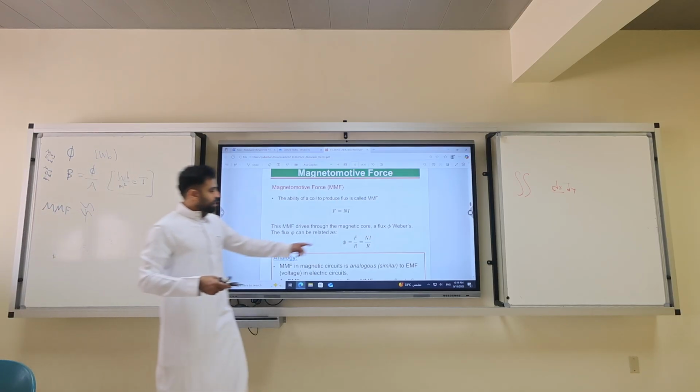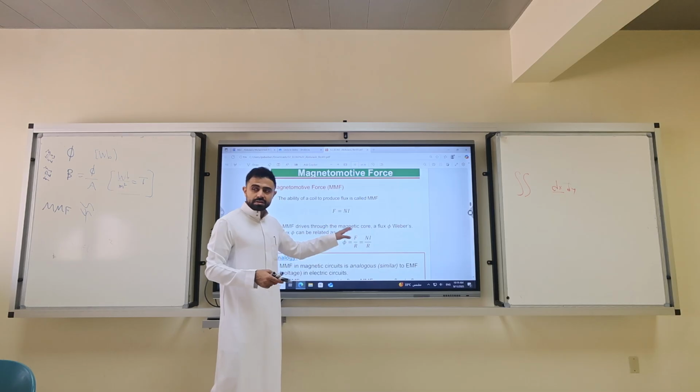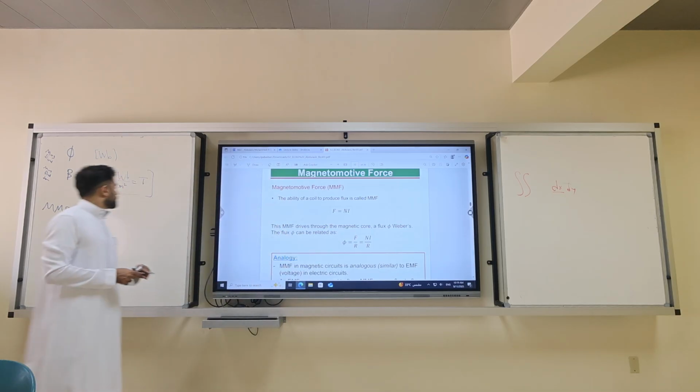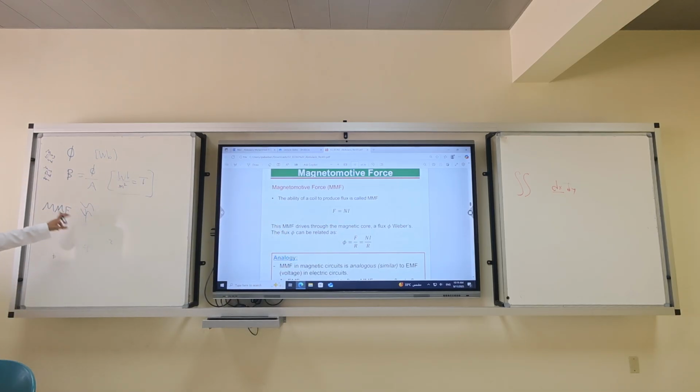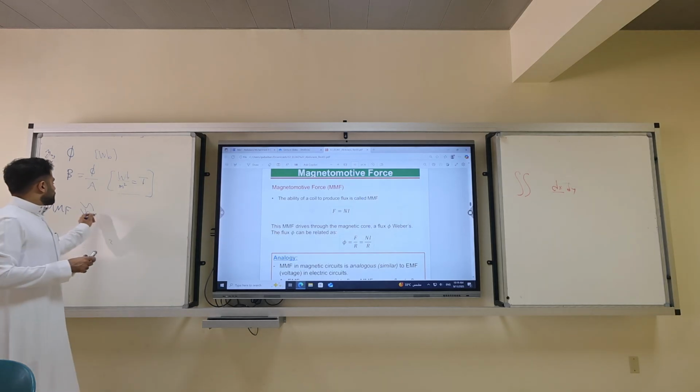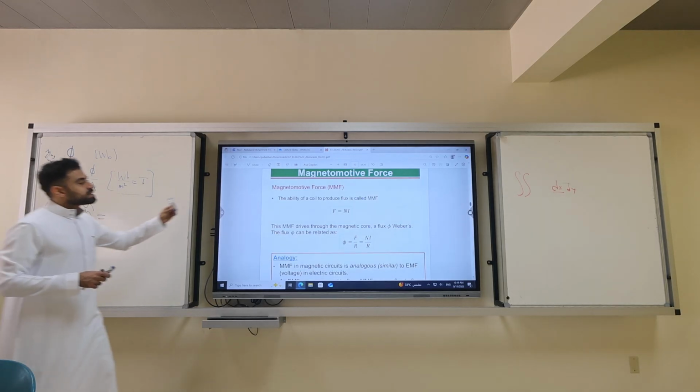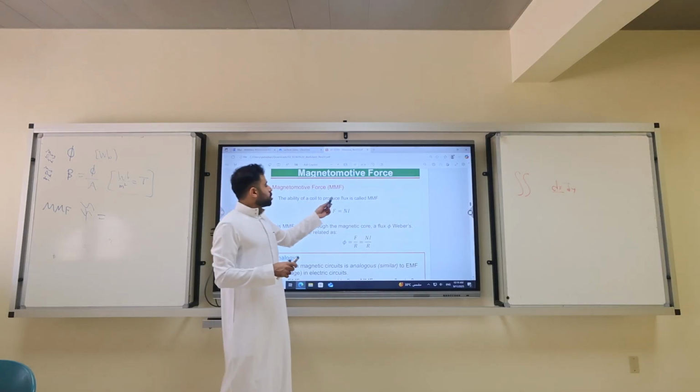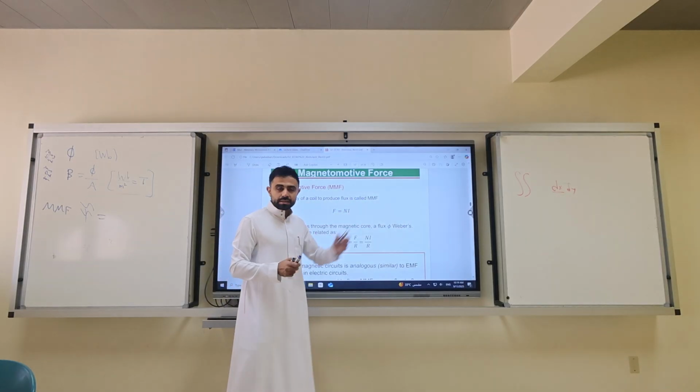It's not that F actually, it's F with certain changes. I will update the slides. But the F here is MMF, magnetomotive force. It is basically telling you that it's the ability of a coil to produce flux.